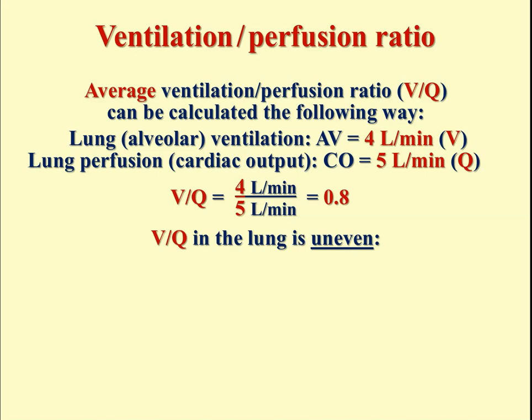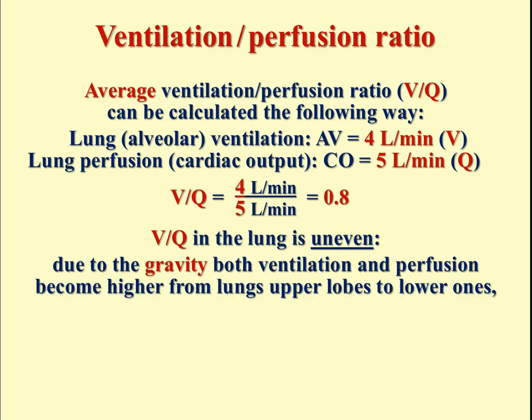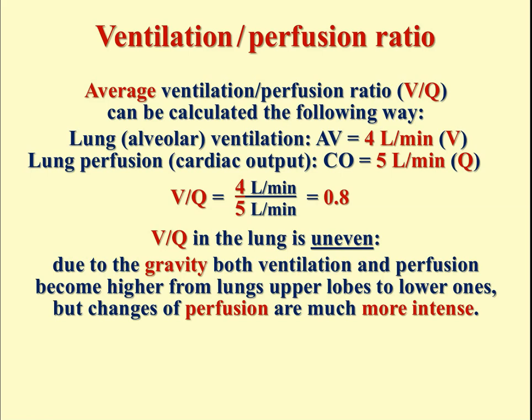It's uneven. Due to gravity, both parameters, ventilation and perfusion, become higher from the lungs' upper lobes to medium and then to lower ones. Gravity contributes to greater blood supply to lower portions, and anatomy also contributes to greater ventilation of the lower lobes of the lungs. But nevertheless, it's so uneven because changes in perfusion are much more intense.